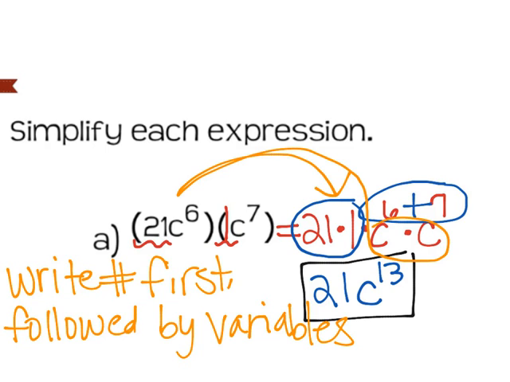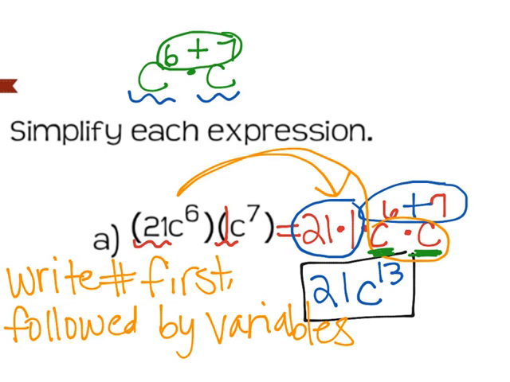Another thing to notice is, even though we had two variables of c, so c to the 6th times c to the 7th, it's easy to remember to add the exponents, but sometimes we get confused when we see more than one variable of the same thing, and we want to do something mathematically, like add, subtract, multiply, or divide.